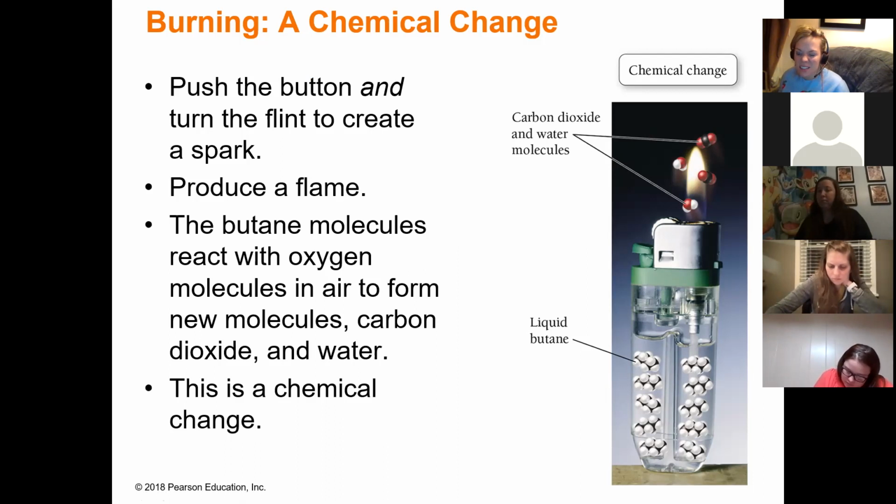If gases are produced, like I pour two things together and it starts to fizz, that's a good indicator. If a precipitate forms, like I put two liquids together and all of a sudden I get a solid, that's a good chance there's a chemical change occurring. We'll spend more time on that later in the semester.